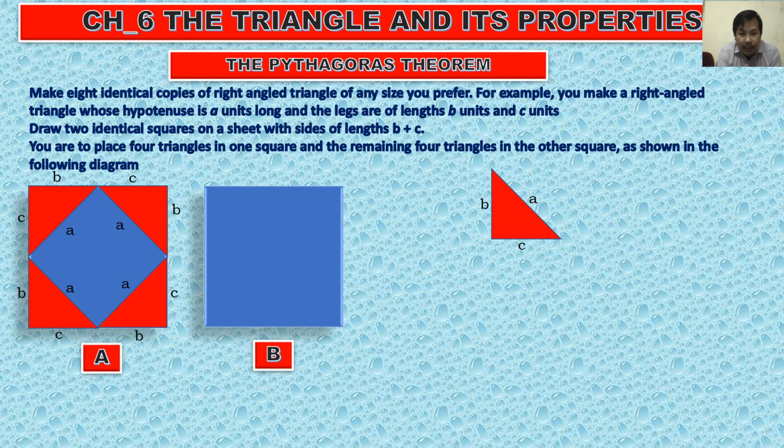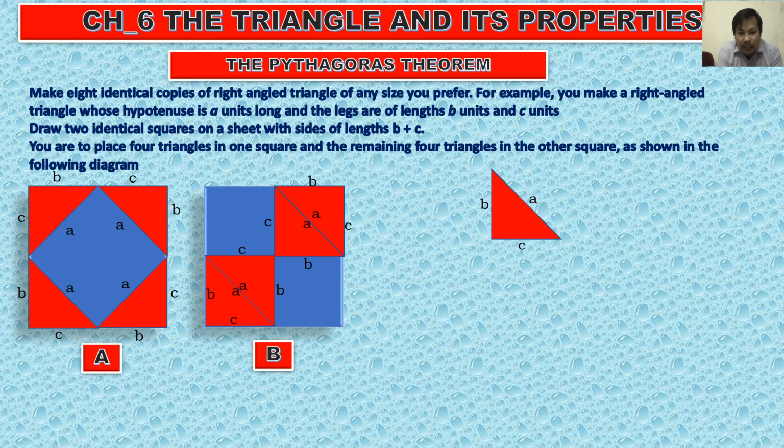Next, the other four triangles are placed in square B in this way: one like this, another like this, again one like this, another like this. We place them in such a way that you can see two smaller squares in square B, one with side b and one with side c.